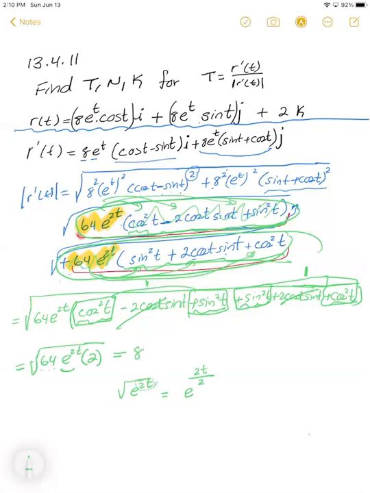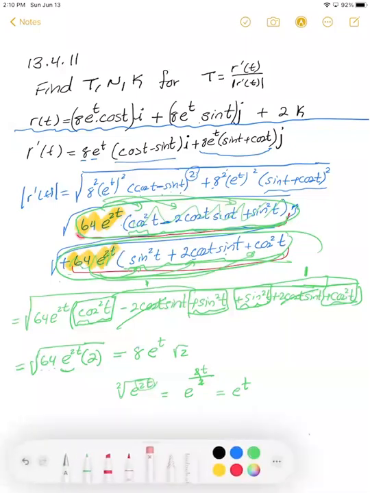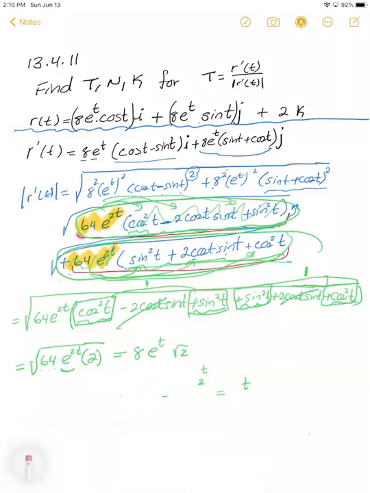So I have 2t divided by 2. These 2's cancel each other. I get e to the power t. So the square root of e to the power 2t is e to the power t, and then a square root of 2. Because I don't know what the square root of 2 is, we just leave it as is.